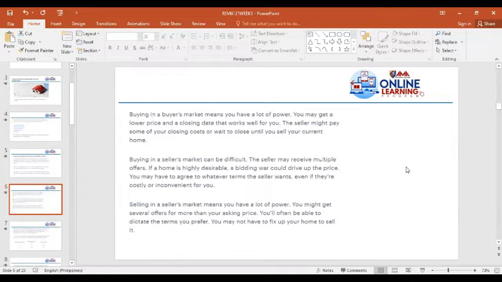Selling in a seller's market means you have a lot of power. You might get several offers for more than your asking price, and you're often able to dictate the terms you prefer. You may have to fix up your home to sell.